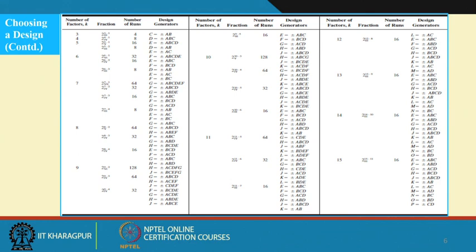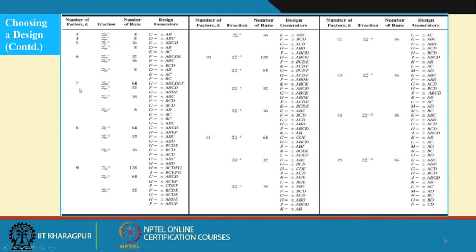Here a table is shown where different kinds of 2 to the power k minus p designs are given, with number of factors k starting from 3 to I think 15, and the possible fractional factorials are given.